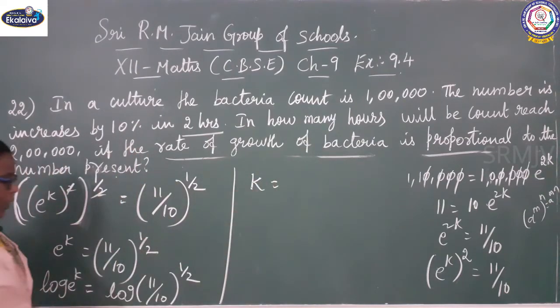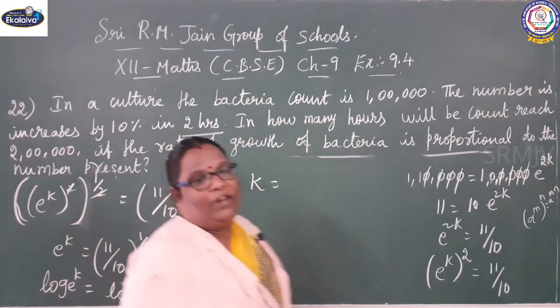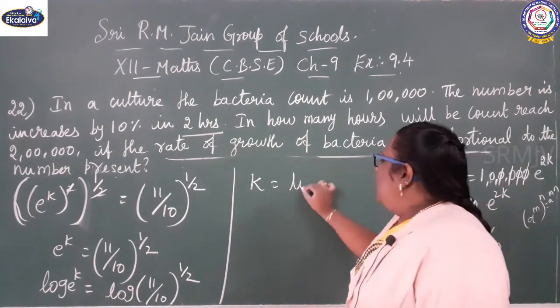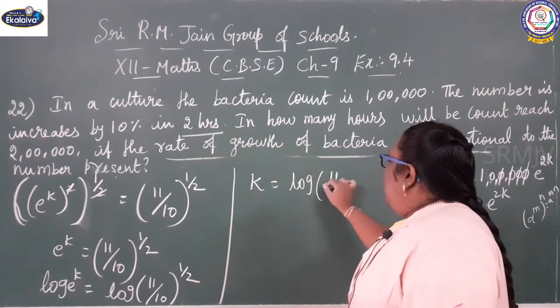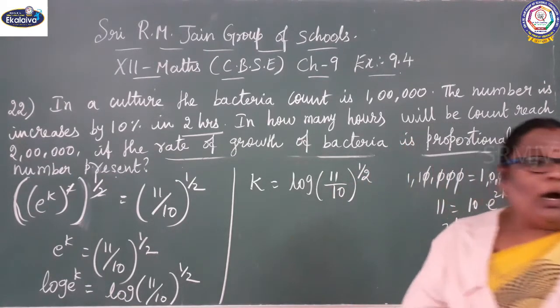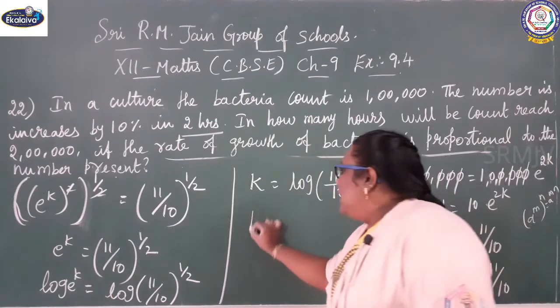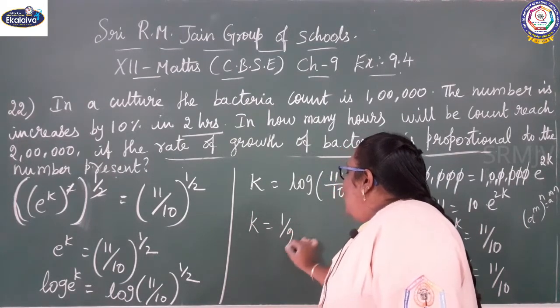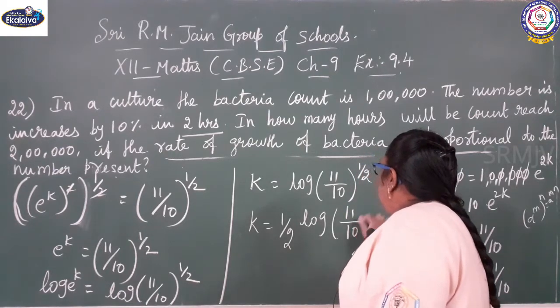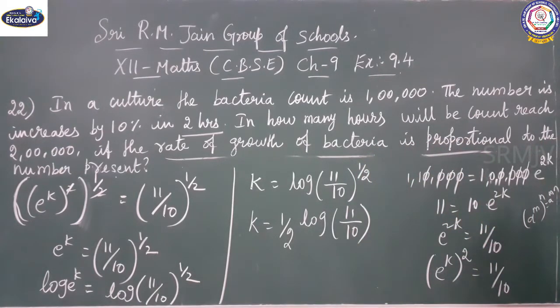K equal to log of 11 by 10 whole power 1 by 2. According to the power rule, k equal to 1 by 2 into log of 11 by 10.